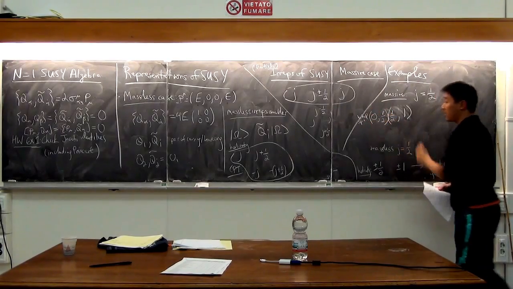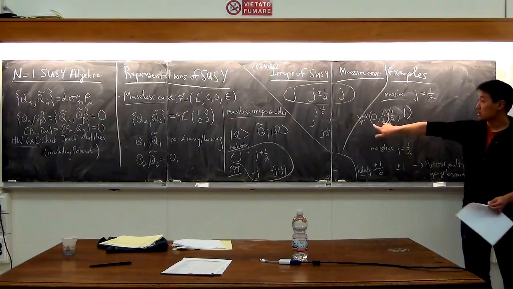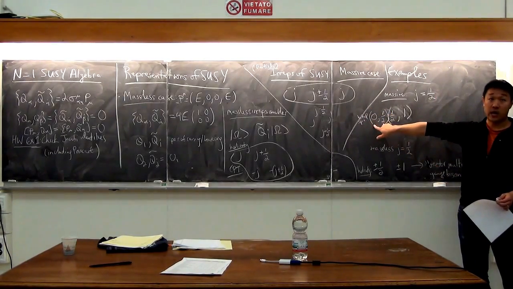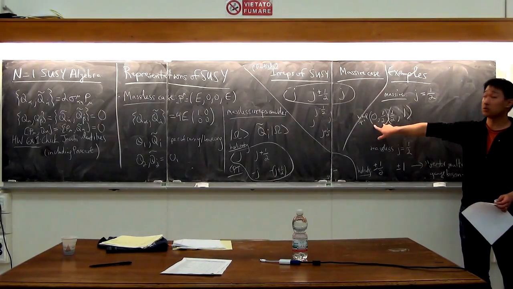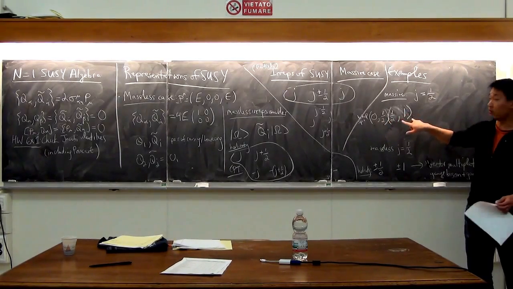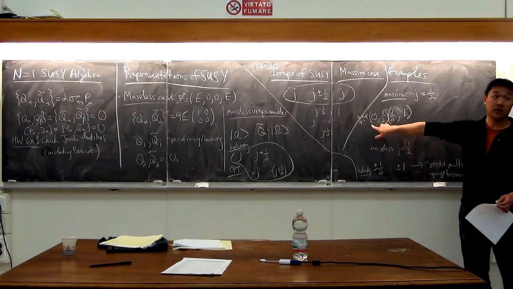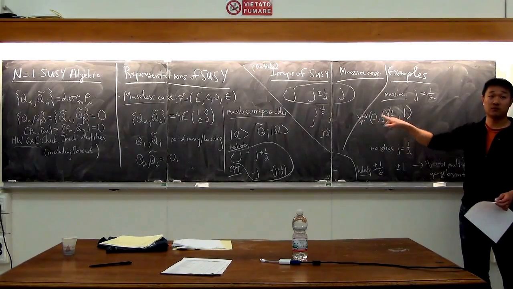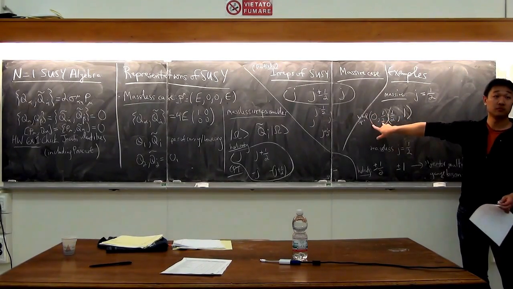We didn't just get that. We also got this. This is an entire chiral multiplet degree of freedom. Right? So what happened there? Why does the massive vector multiplet have your usual vector multiplet plus an entire chiral multiplet living in it? Anyone? Why should it have this extra degree of freedom?